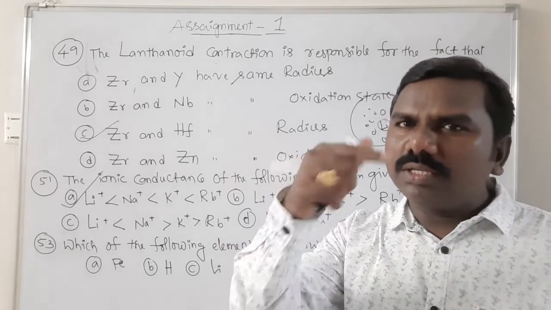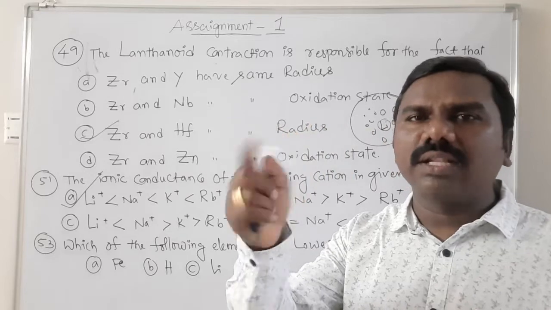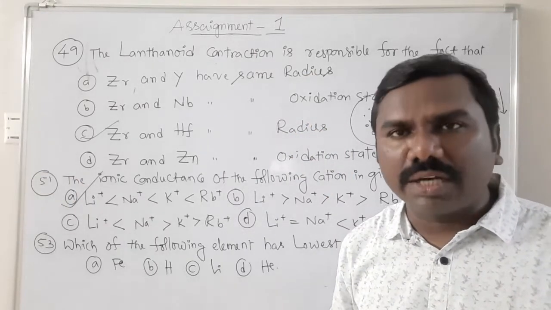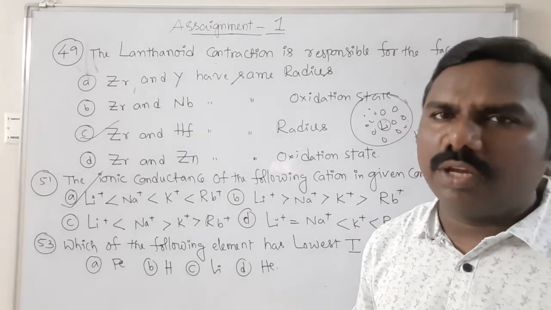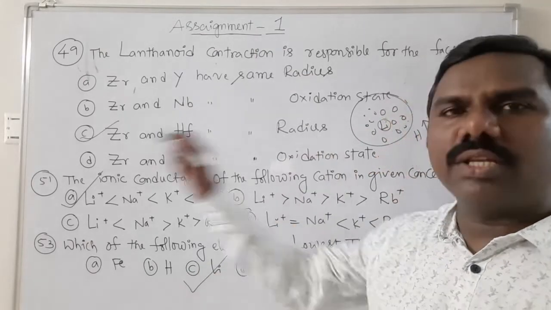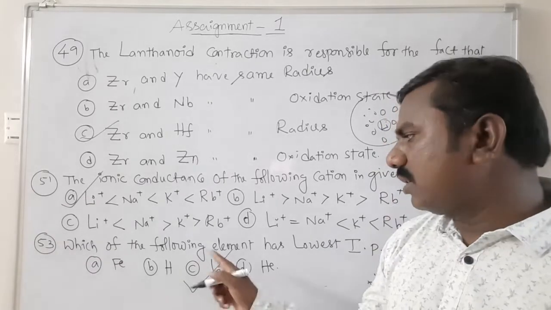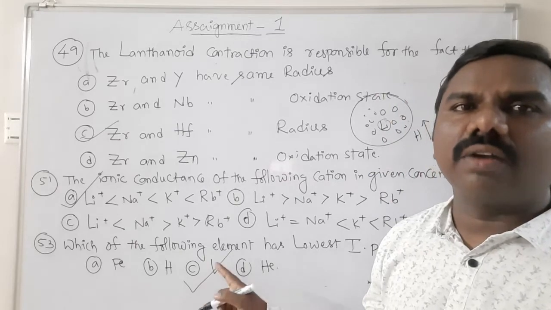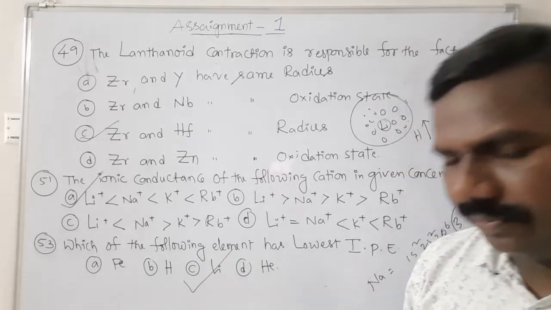With low energy you can easily remove the electron, meaning that electron can easily participate in a chemical reaction. Hence, first group elements are more reactive because of low ionization enthalpy values. Hence, the option is lithium, an alkali metal or first group element. Right? Next.